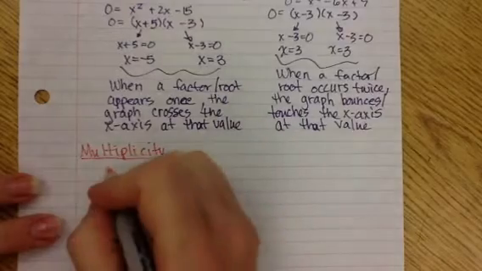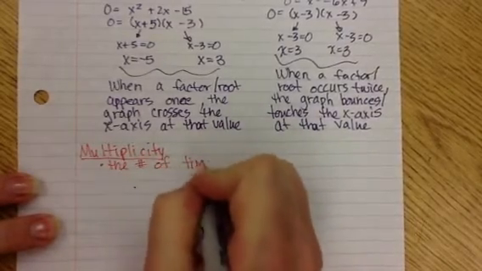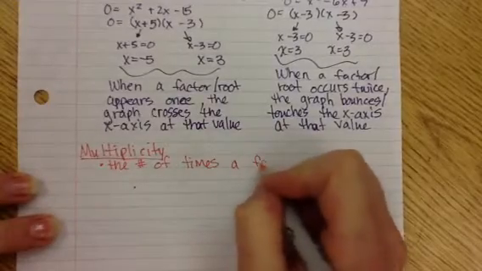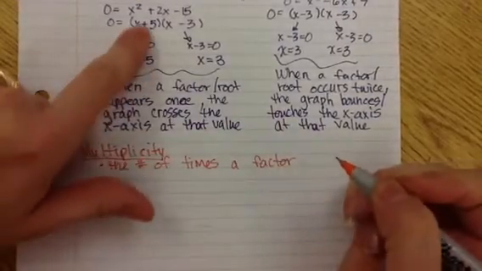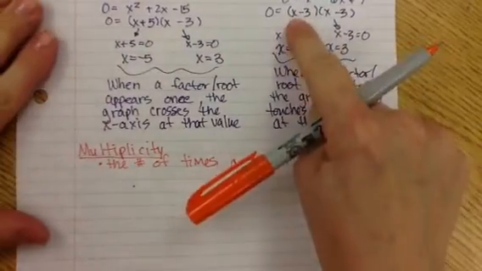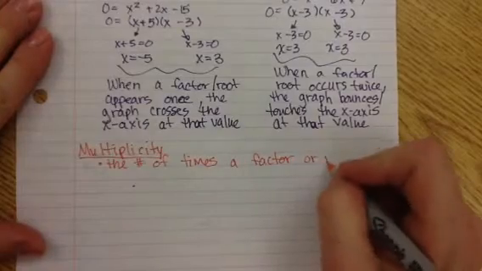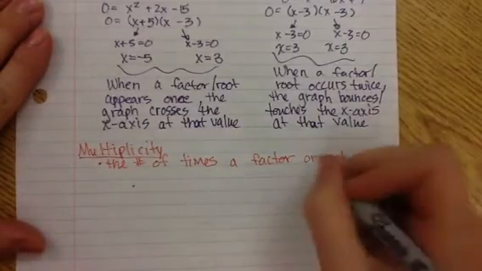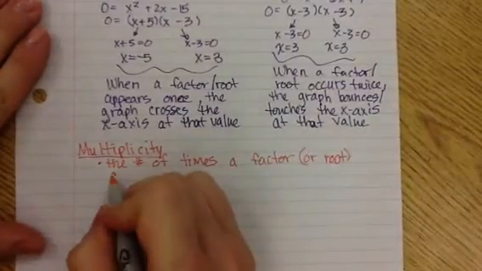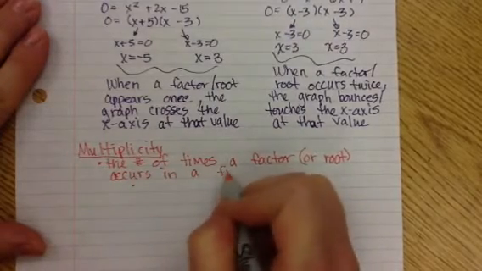Multiplicity is actually the number of times a factor occurs. Now a factor is this x plus 5 and x minus 3 and x minus 3. So it's the number of times a factor or root or x-intercept or 0 occurs in a function.